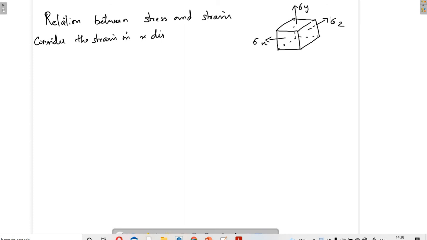If you consider the strain in x direction, the strain value is sigma x by E, and the other direction strains are minus sigma by E into the Poisson ratio. So if you have some stress in x direction, there will be the reduction in the size in other two directions.